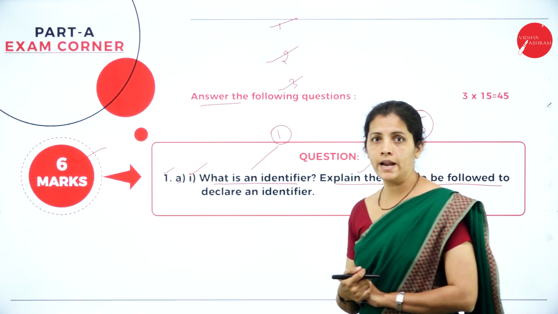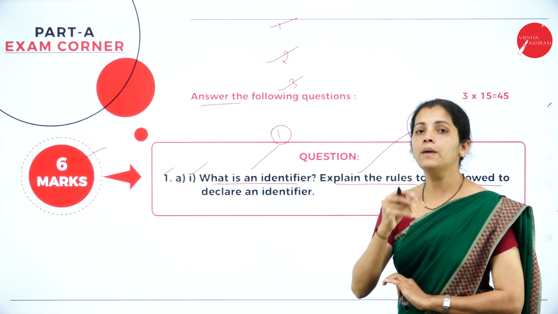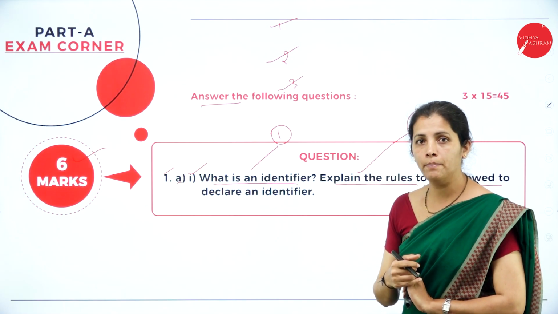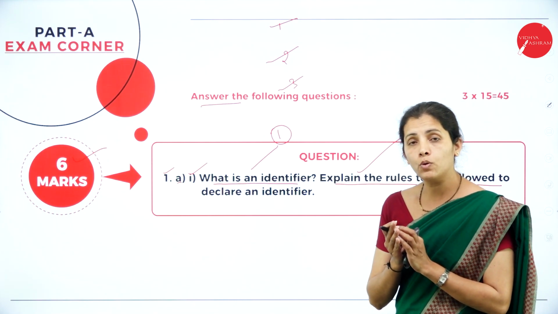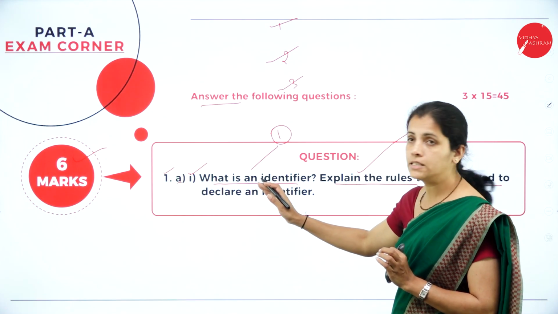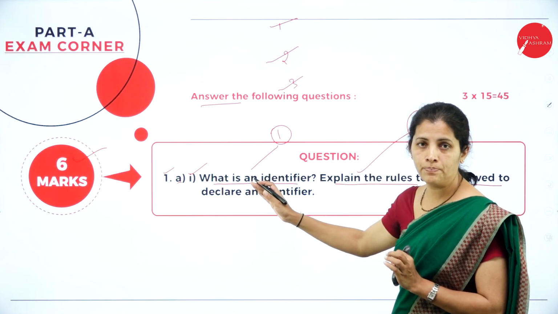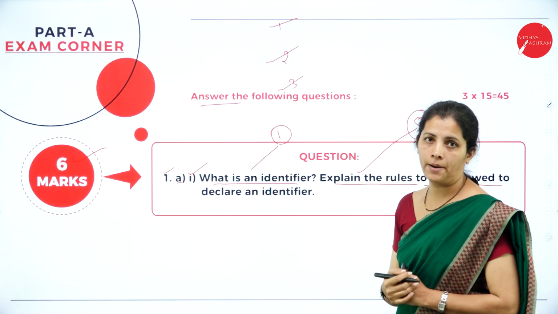So, what is an identifier? It's the name given to a programming element. In the sense, how am I going to identify the programming element? The best examples I can consider here are structure name, function name, class name, array name, etc.